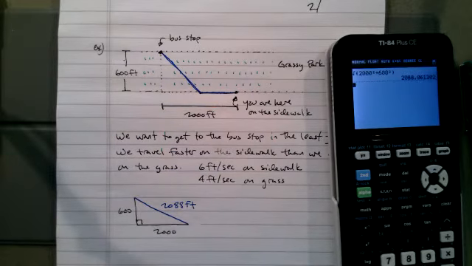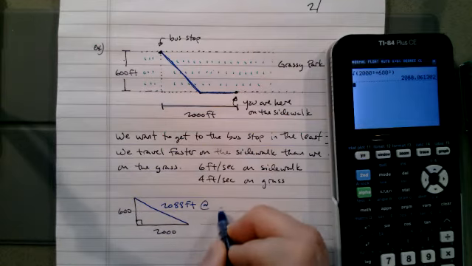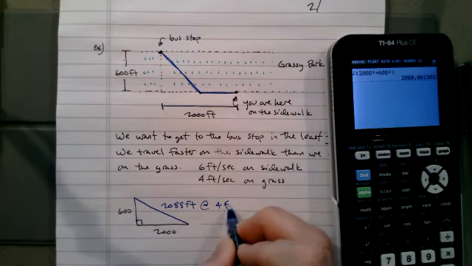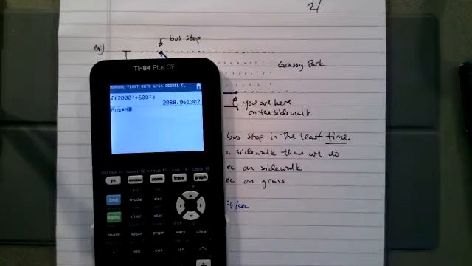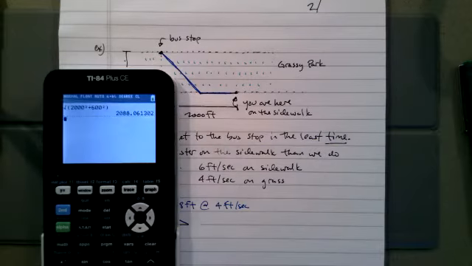And then at 4 feet per second, we'll take the 2,088, that's our distance, and divide it by the 4 feet per second.